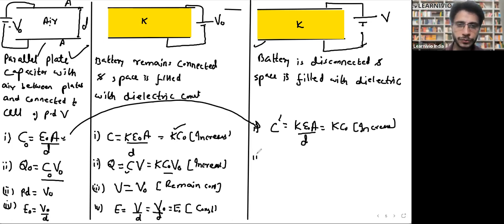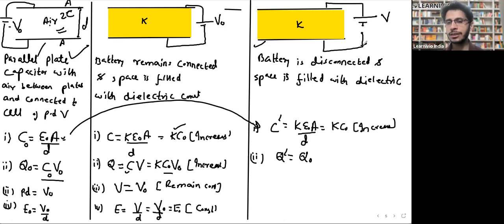Second, charge Q prime. Charge will remain same. Same means the charge will remain constant as was the initial value. If initially your charge was 2 coulomb, then after disconnecting the battery and introducing the dielectric, charge will remain 2 coulomb. The reason is the source of charge is the cell.